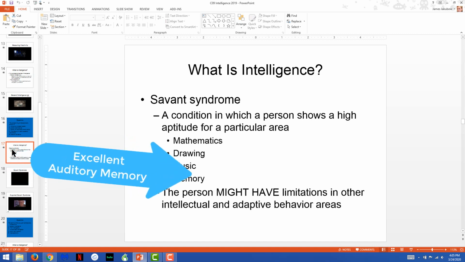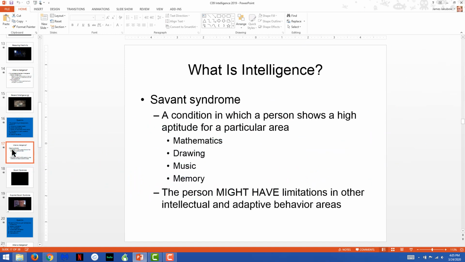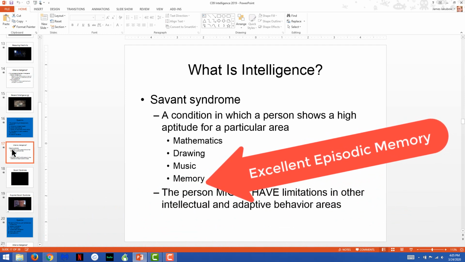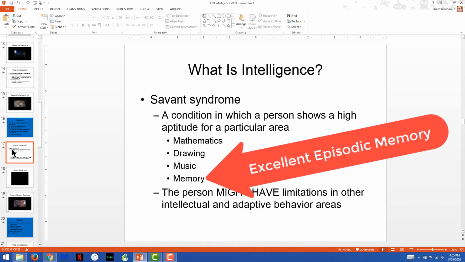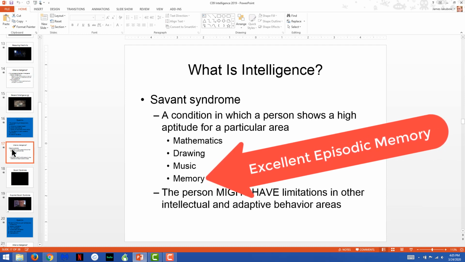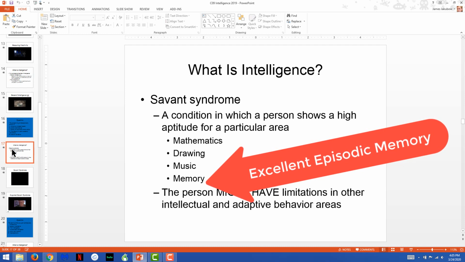And the same thing happens in memory as well, in which a person just repeats an event that had actually occurred. And specifically, the memory savant is the person with the autobiographical memory, or as we refer to it in the memory chapter, episodic memory.